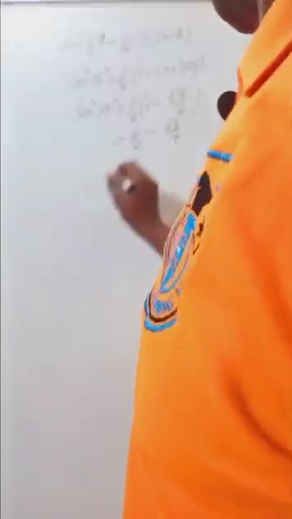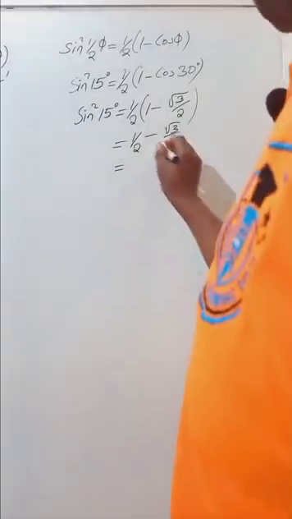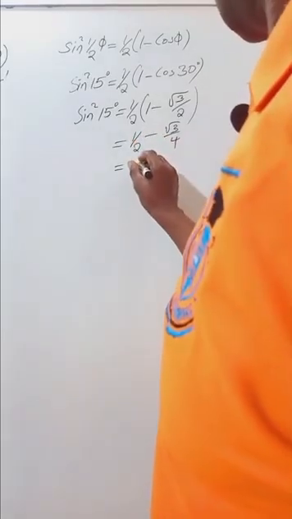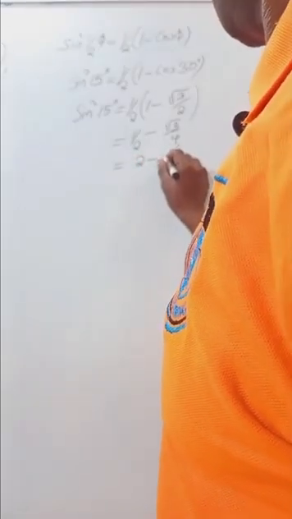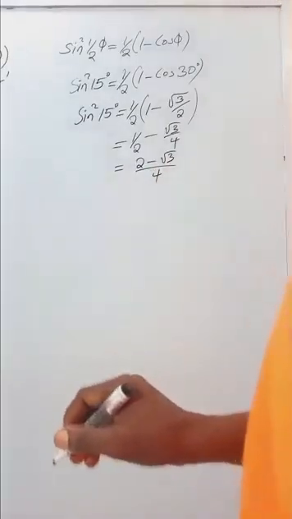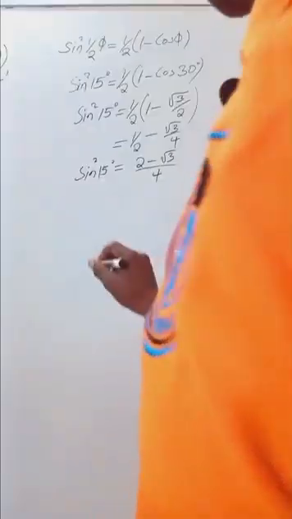Adding the two fractions, multiplying by 4, we shall have 2 minus root 3 divided by 4. So remember, this is sine squared 15 degrees equals that.